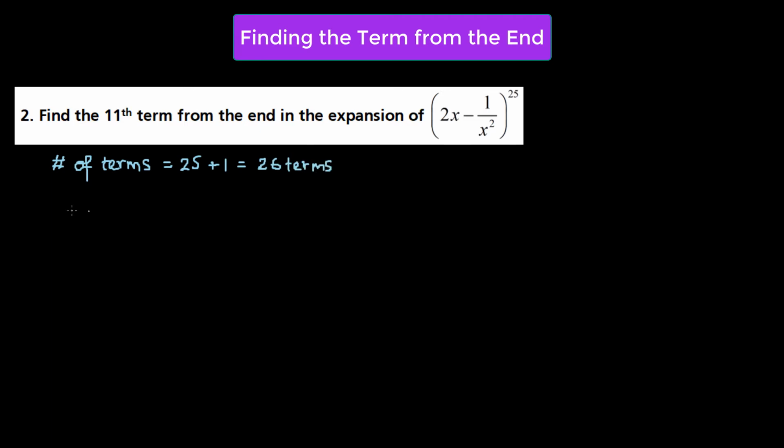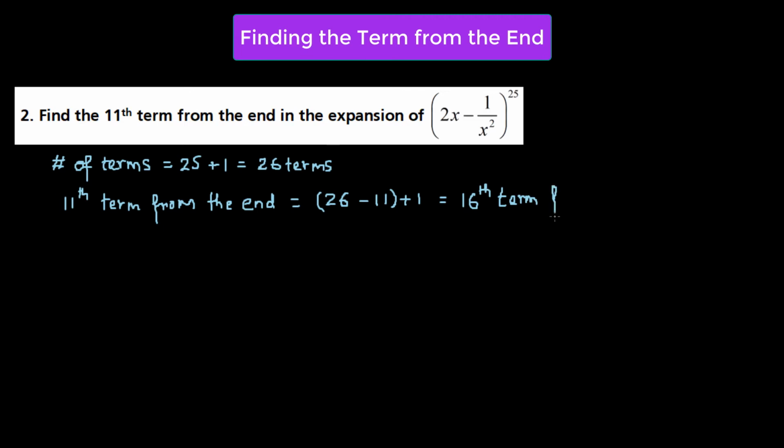Now to find the 11th term, we write the 11th term from the end is equal to the total number of terms, then we subtract 11 terms, and then we add 1 to it. So we have 26 minus 11 is 15, and 15 plus 1 is 16. So the 16th term from the beginning.